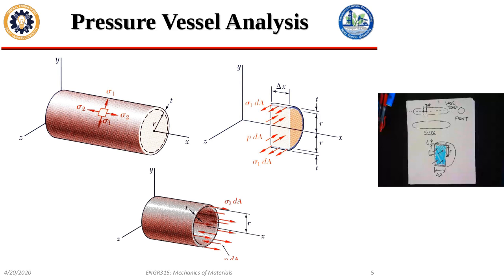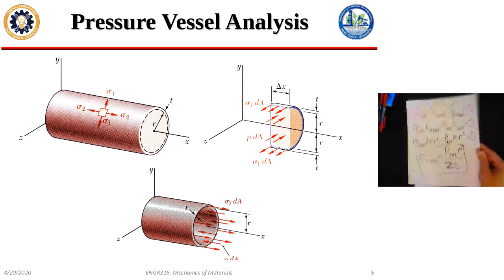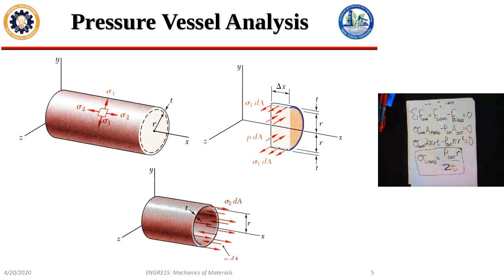Why were we trying to find a force? We summed the forces. We just did a summation of forces in the direction that we cared about, made some substitutions from the definitions of stress, and solved for what we wanted. So we're going to do the exact same thing.